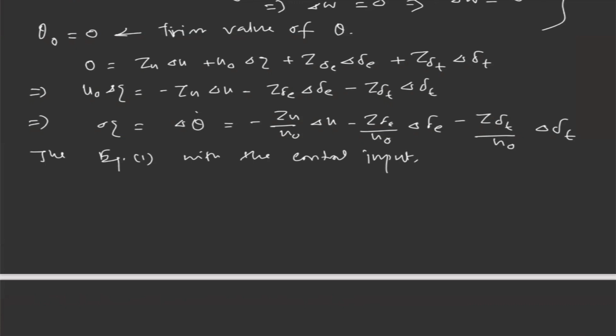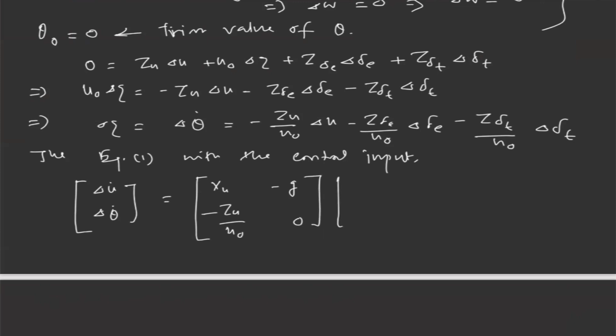We can write delta u dot, delta theta dot equal to the same state matrix, which is Xu, minus g, minus Zu divided by u naught, 0, and the state vector delta u, delta theta, and the control matrix, which we can write from the longitudinal motion equation.